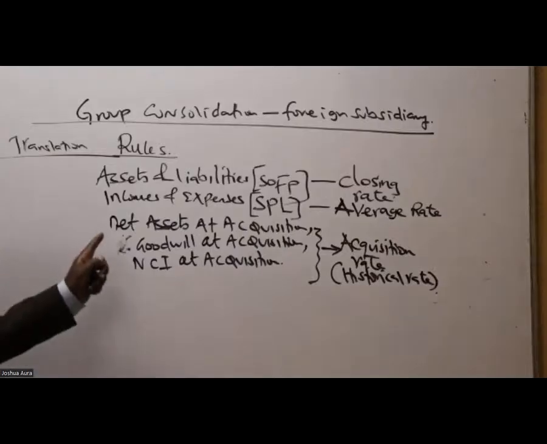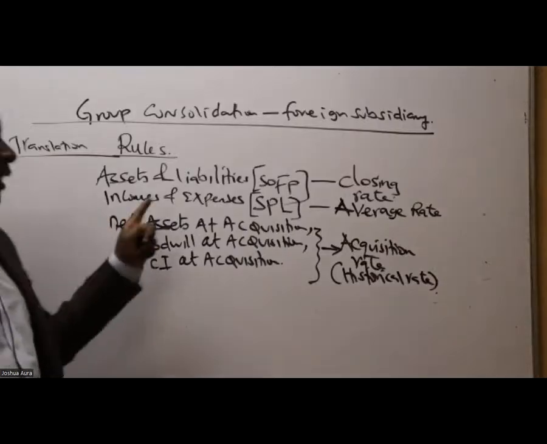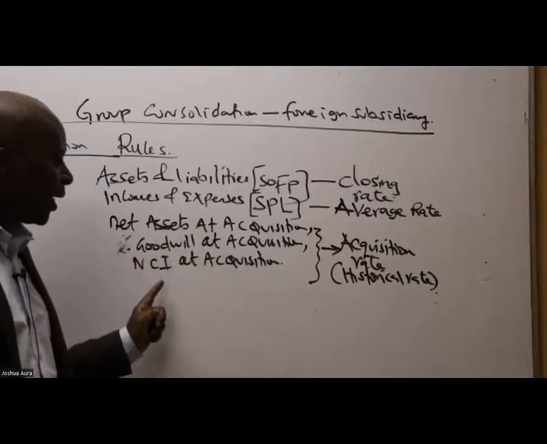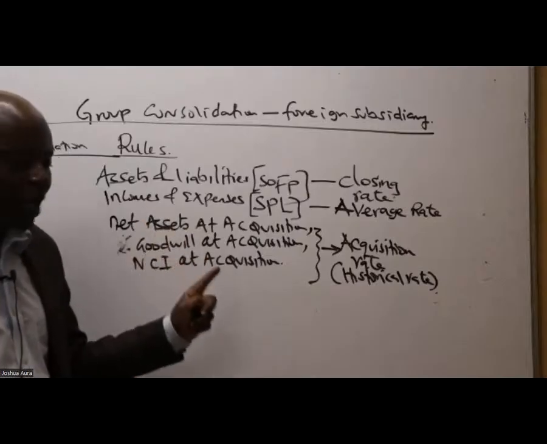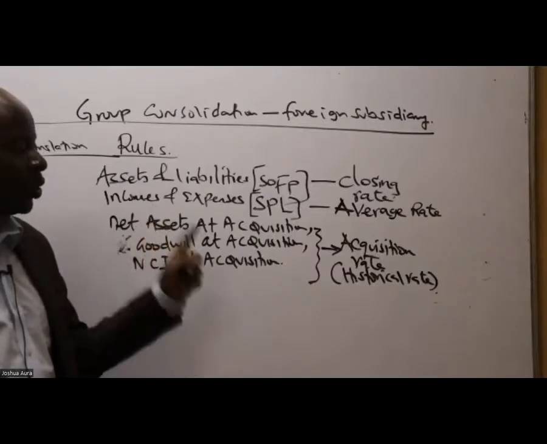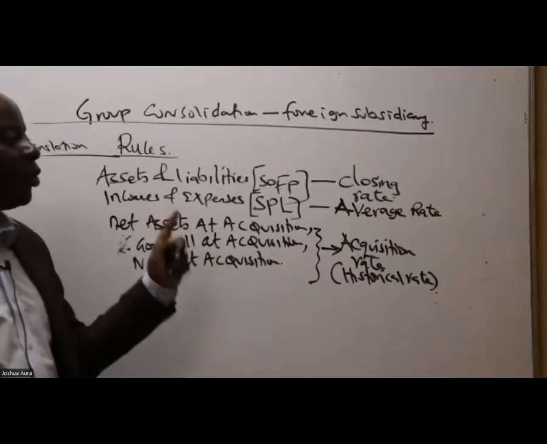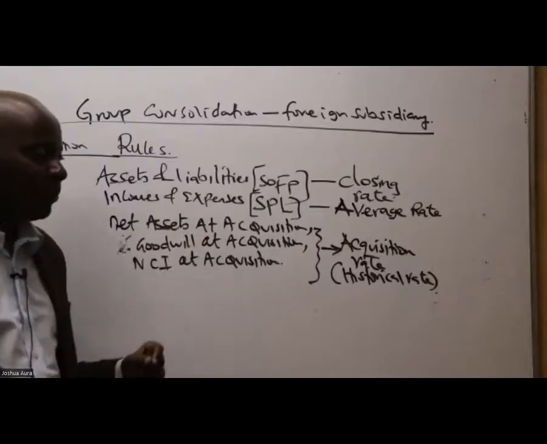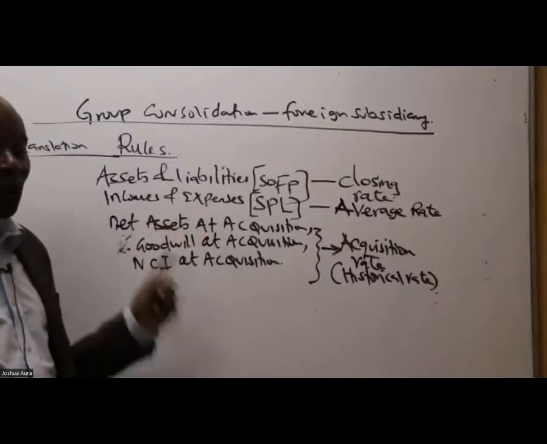So anything you hear like net assets at acquisition, goodwill at acquisition, NCI at acquisition, we shall always be translating using the rate that existed during the acquisition time, which is also known as the historical rate.